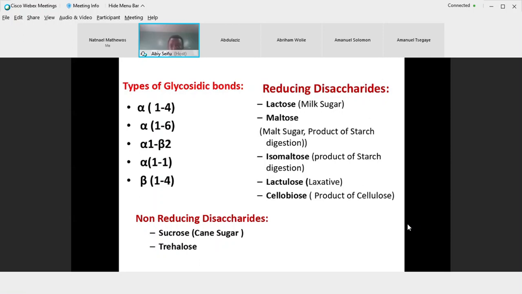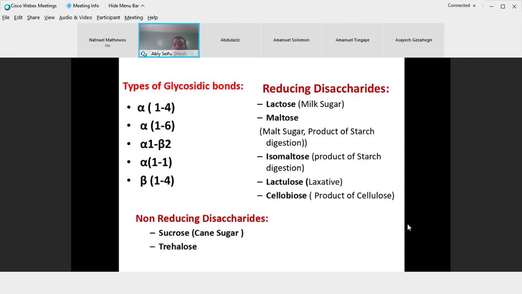All simple sugars or monosaccharides are reducing sugars. When you see disaccharides, when two simple sugars combine together by glycosidic linkage, if the OH on the anomeric carbon is free, that form of disaccharide can be considered a reducing sugar.